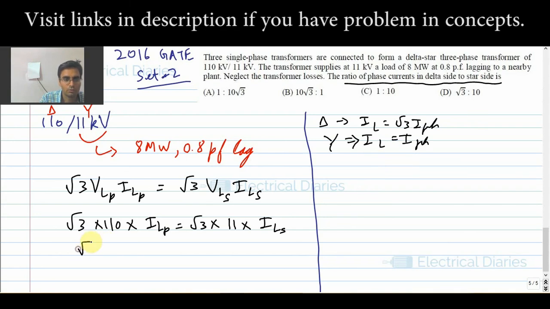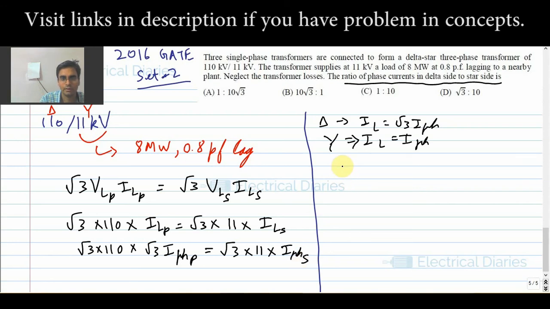So now root 3 into 110 into, for the delta side, line current is root 3 into I phase primary. And this is root 3 into 11 into, for the star side, I line and I phase are the same, so it is I phase secondary.